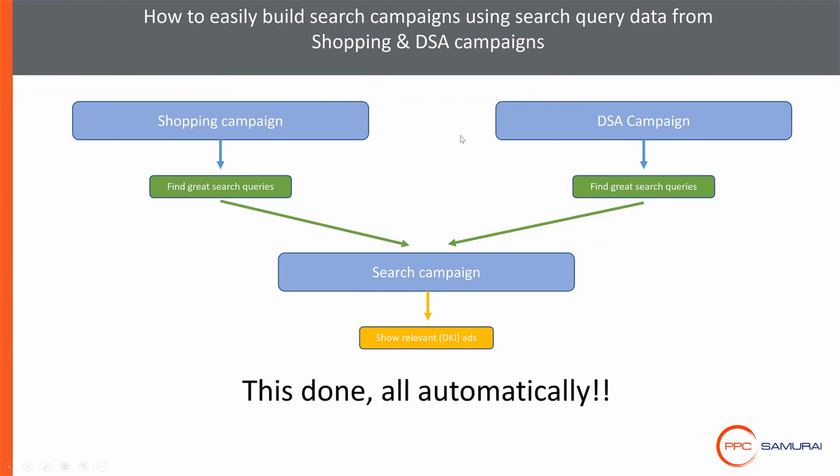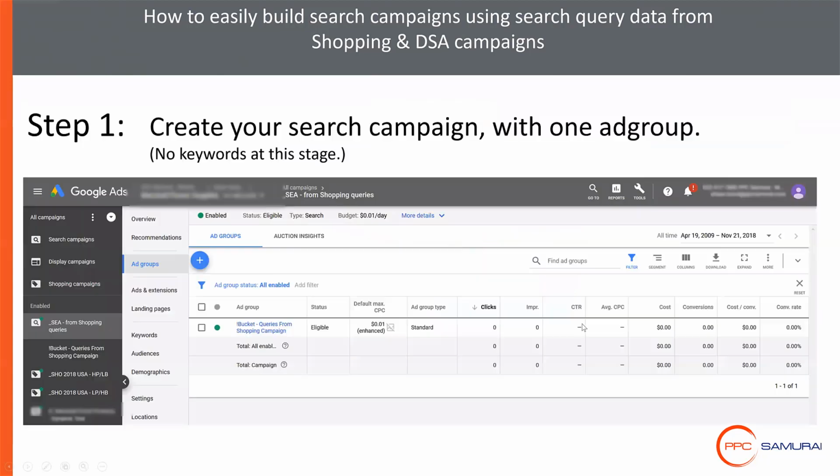And the beautiful thing about this whole process is you can actually do all of this completely automatically. So scraping the search queries, adding them into your search campaign, making sure that the ads are relevant and that the landing pages are relevant for the keywords, all that stuff can be done automatically just with a simple little hack. So we're going to go through that.